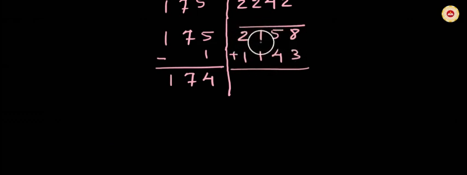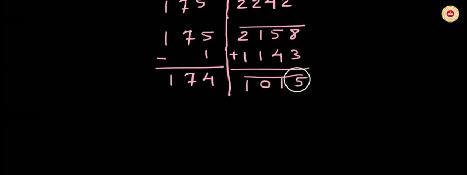See, remainder is 2158 negative, and divisor is of course positive. So how to add? See, this remainder is greater than divisor. So adding means we are going to subtract this divisor from remainder and give negative sign to the result. 8 minus 3, 5. 5 minus 4, 1. 1 minus 1, 0. 2 minus 1, 1. 1015, but negative.